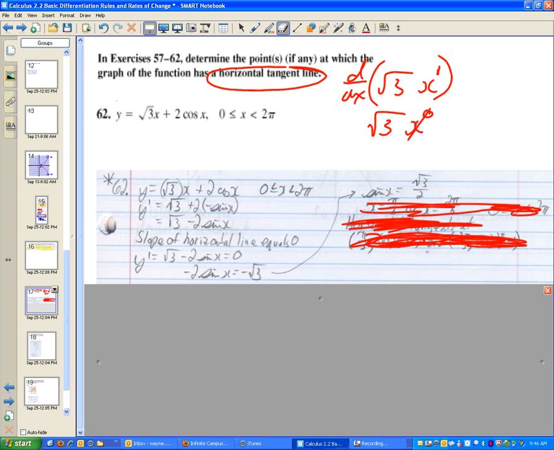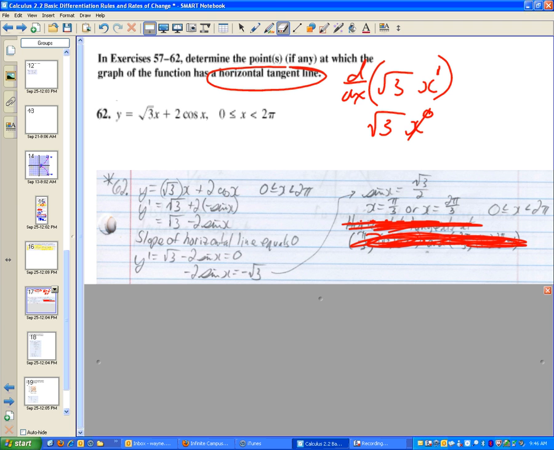And then I look at my little trig chart. And I see that on the interval from 0 to 2 pi, there are two different places where the sine equals the square root of 3 over 2. When the angle is pi over 3, the sine is square root of 3 over 2.